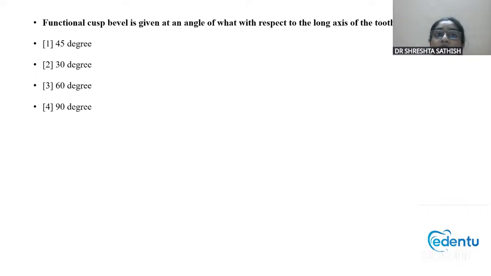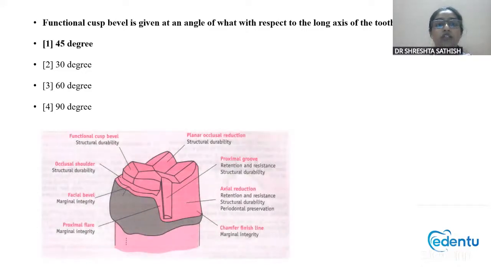Functional cusp bevel is given at an angle of what with respect to the long axis of the tooth? At what degree is a functional cusp bevel given? It is given at 45-degree angle to the long axis of the tooth. So basically in tooth preparation, you have these principles. You have, of course, your principles of tooth preparation, preservation of tooth structure, preservation of marginal integrity, preservation of the periodontium.